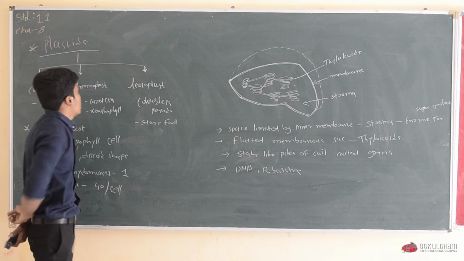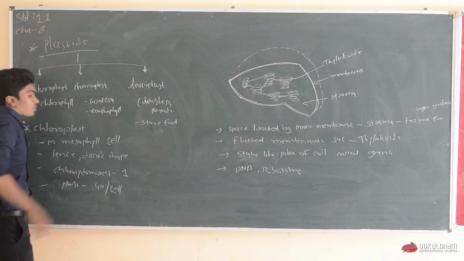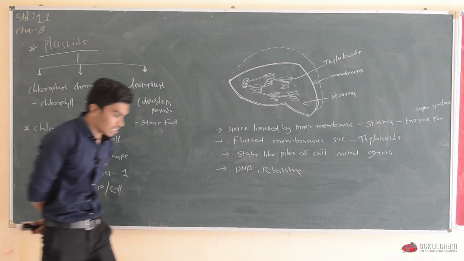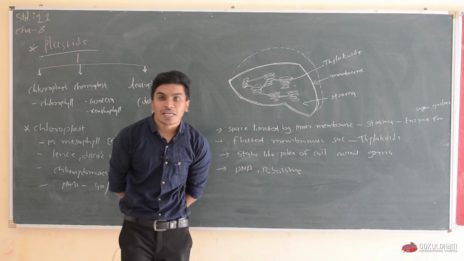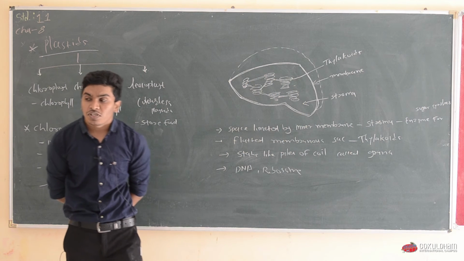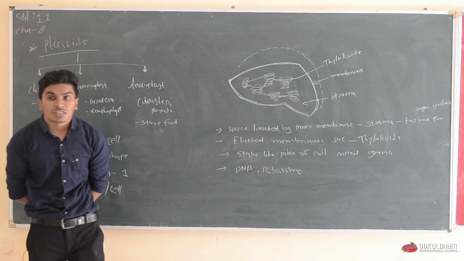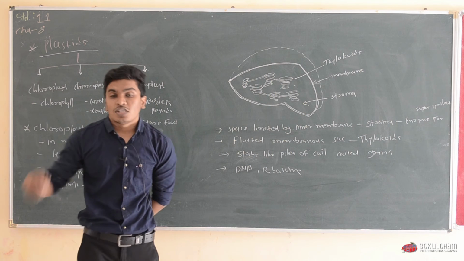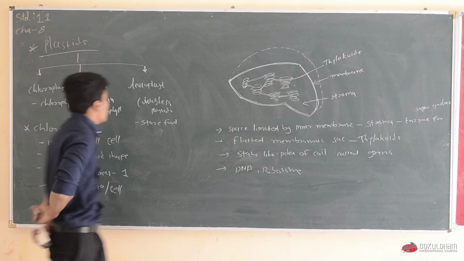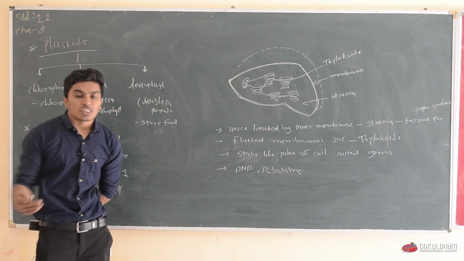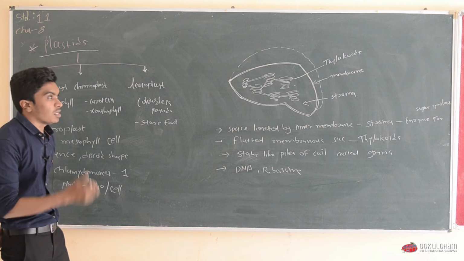So next is plastid. We all know one kind of plastid is chloroplast, but when we see different kinds of plants and different kinds of leaves, we wonder why these green plants have different shades of color, because there are three different kinds of plastid responsible for different color in the leaf.